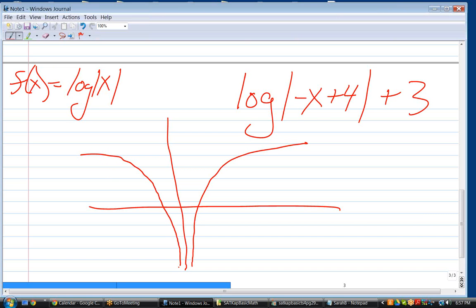Let's think about that for a second. First of all, x can't be 0. Yeah. Even for the absolute value of x, it can't be 0.